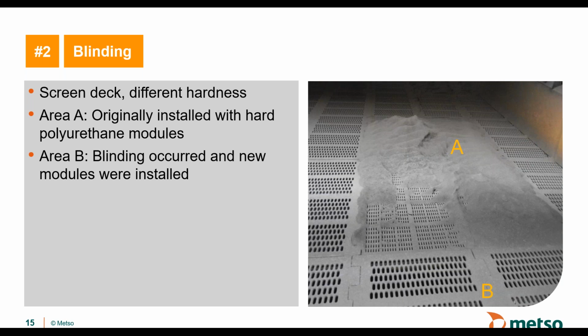Subsequently, those modules were gradually changed out, of course to increase the cut point a bit. As you can see, the openings are not identical, but the modules in area B are more flexible. The membranes can vibrate more during operation, and that's the reason for the difference in blinding you can see here.